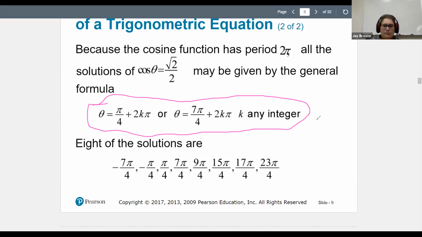And then if you didn't believe the slide, if you said, no, that can't be right, you can plug it in. If you put in cosine of negative 7 pi over 4, well, you should know it should work. All right, any questions on that? No? Okay.